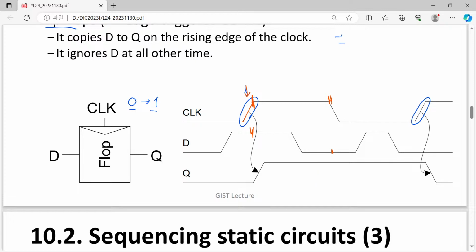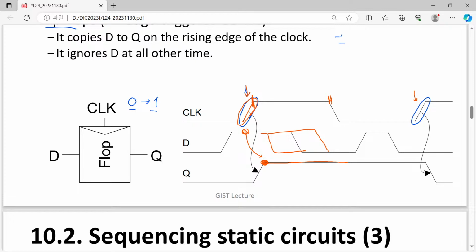However, in the case of the flip-flop, we just selectively sense only this time value, and this value is copied to here. After that, whether we have this transition or that transition doesn't matter. So here we just keep the value until the next edge comes in.